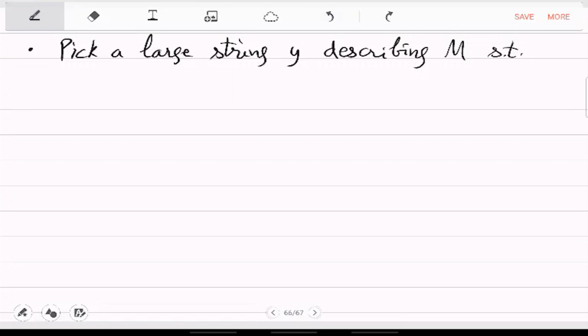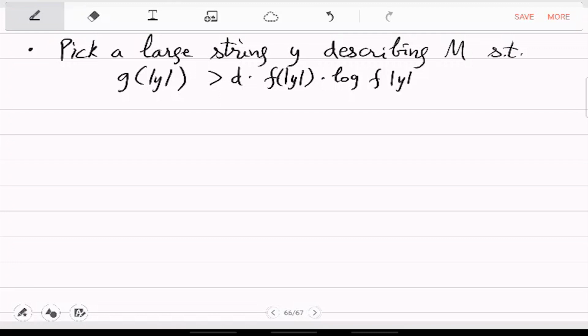By large I mean that g(y) should be bigger than f(y) times log of f(y), for all y greater than or equal to n0. So by large I mean that the g value should be bigger than the f times log value.